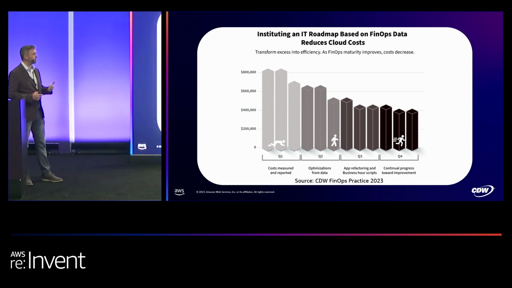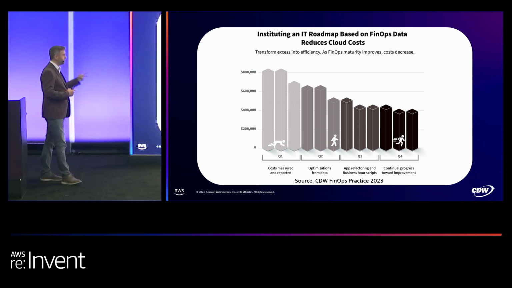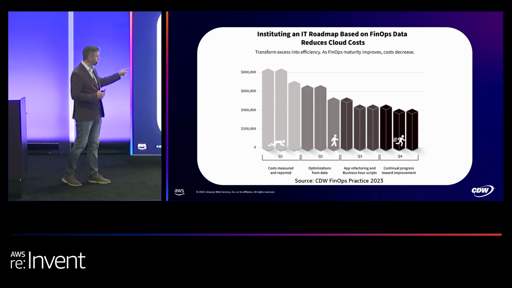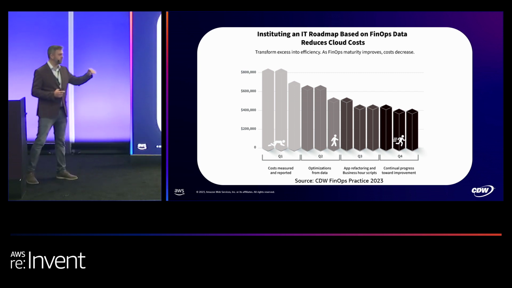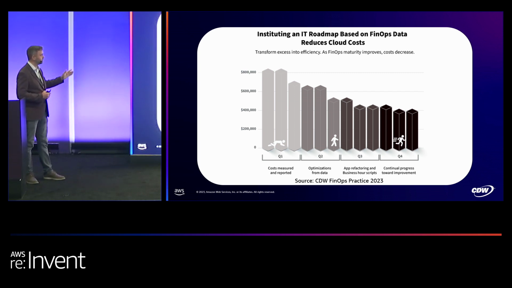Whether it's a task, project, or an initiative, you can see here as you go from crawl, walk, run, how as that sophistication increases, the consumption goes down. In this case, this is a real world scenario. This is a net savings annually of $3 million.